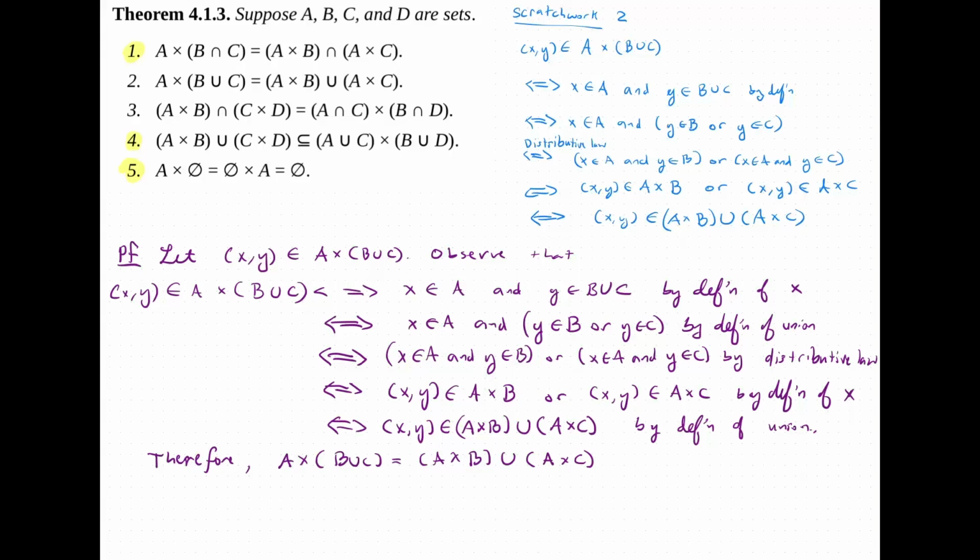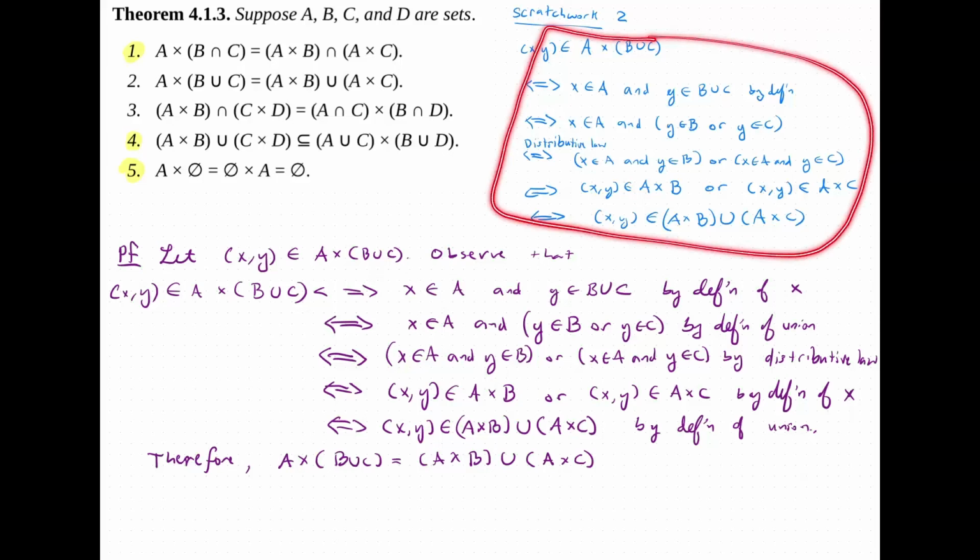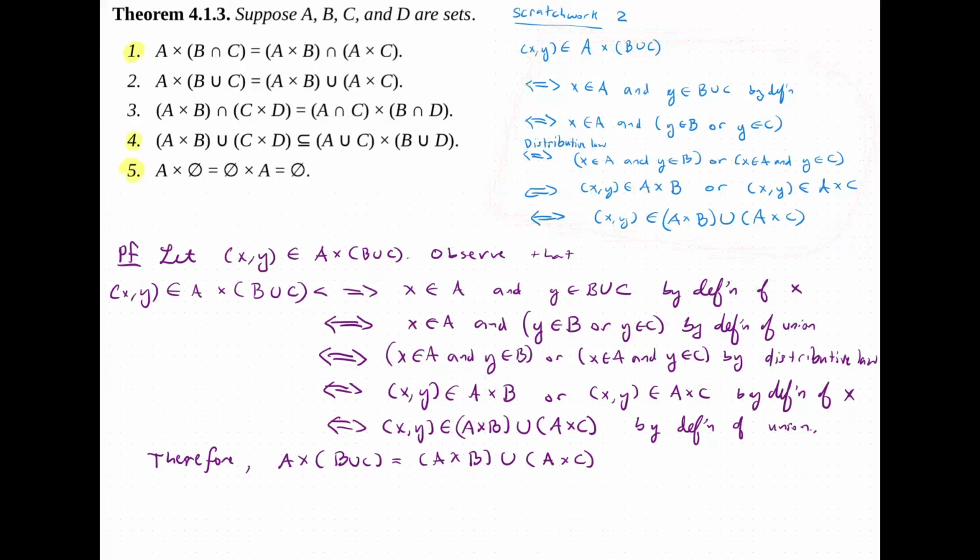For the formal write-up of this proof, it is essentially all that we just did, except each step justified. And so in our scratch work, I just said x comma y is in here, and then that is equivalent to this by definition. And so now I've gone ahead, started off with that same statement, and then we have x is in A and y is in the union of B and C by definition of cross or Cartesian product.